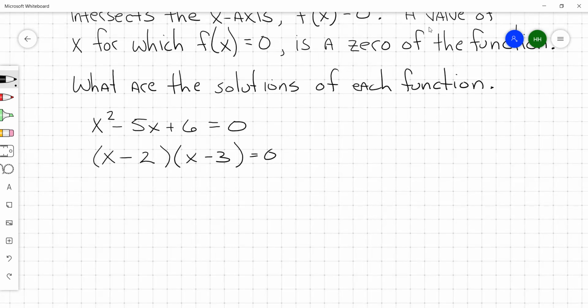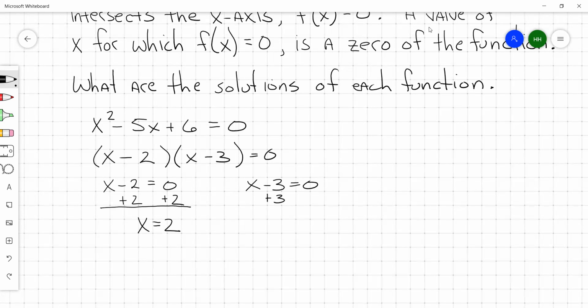Now, your next step after you have factored this function is to set each factor equal to 0. And you write x minus 2 equals 0 and x minus 3 equals 0. And then you solve each equation. So you can add 2 to each side and your x is equal to positive 2.